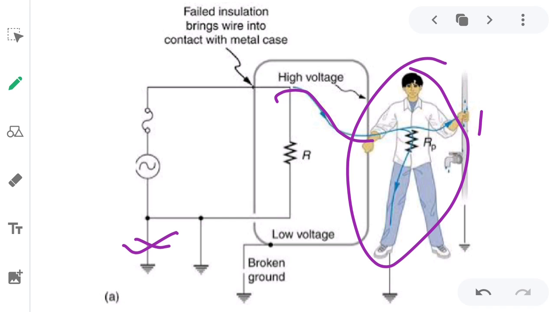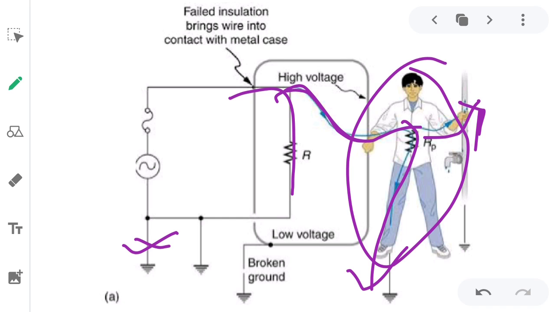So that's why if someone touches any electrical appliance or the live wire, then the current starts flowing in his body. Here you can see that current was flowing through this, but current also started flowing through his body, and then it goes to earth, and then it goes to another metallic body as well.